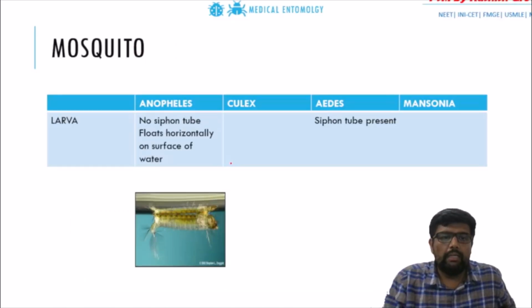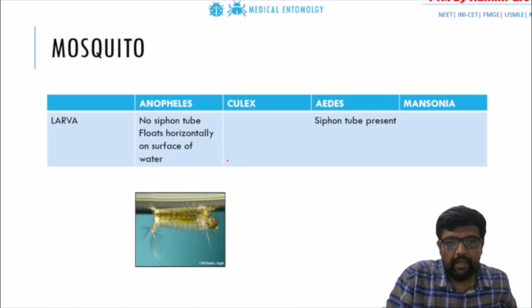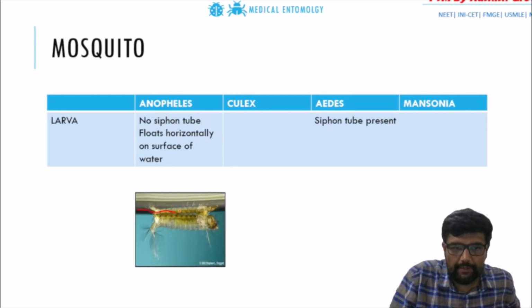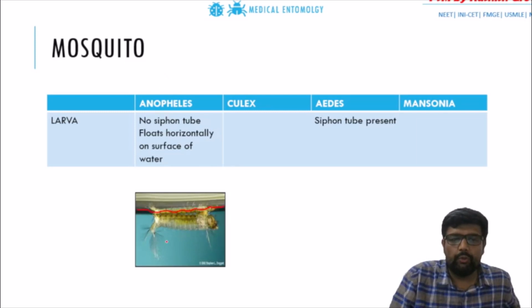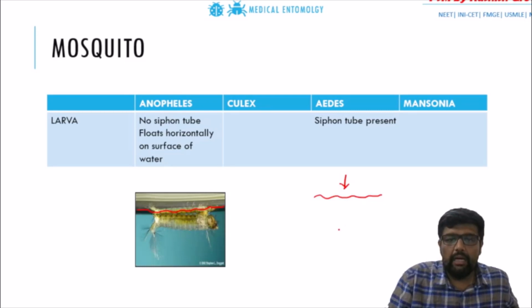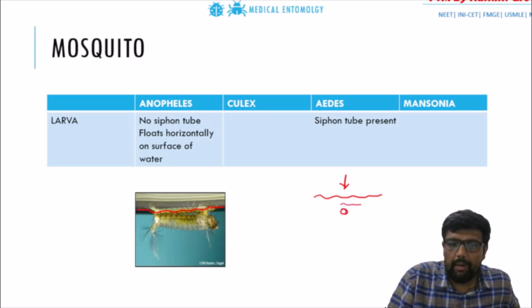Now coming to larva of these four mosquitoes. One point to note here is Anopheles larva is present over the surface of water, whereas Culex, Aedes, and Mansonia larvae are either deep in the water, or if they are at the surface, their mouth is downward, so they need a siphon tube to breathe.